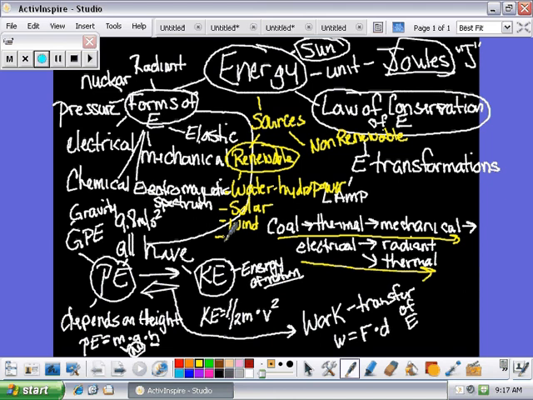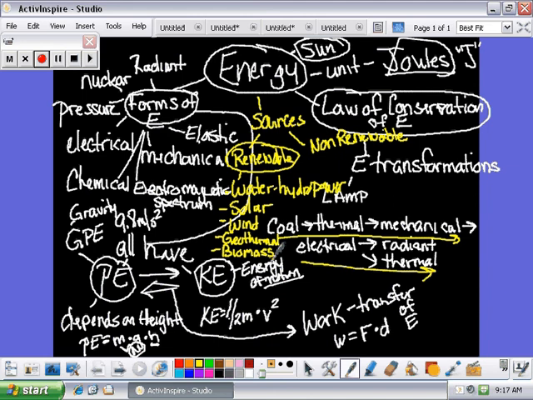There's 3 of the 5. There's 2 more. Geothermal. That's using the heat of the earth. And biomass. And that's taking the organic matter and burning it to get the heat.